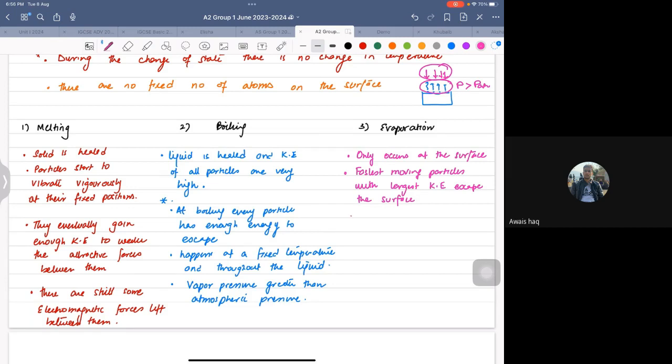Then more energetic molecules leaving the surface cause the average kinetic energy of the system, meaning the liquid itself, to decrease.